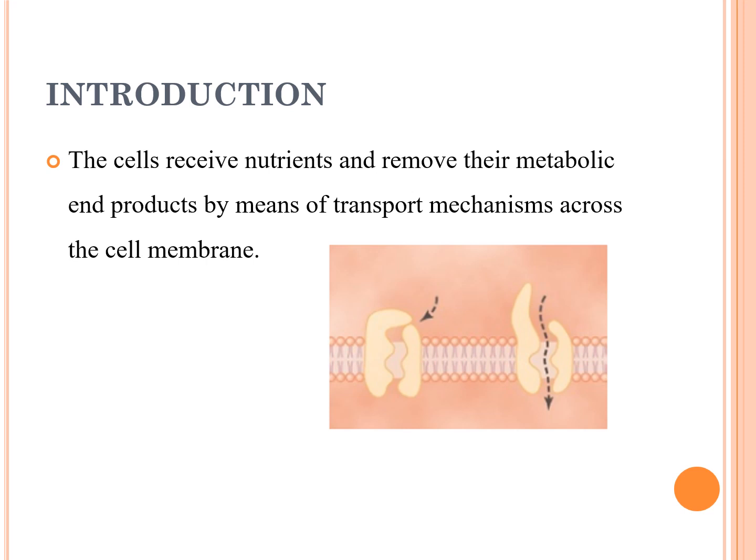The physiological activities of the cells depend upon substances like nutrients, oxygen and water, which must be transported into the cell, and at the same time metabolic waste products and the end products must be removed from the cell. So these waste products must be transported out of the cell and the nutrients must be transported into the cell. The cells achieve this by means of different transport mechanisms across the cell membrane.